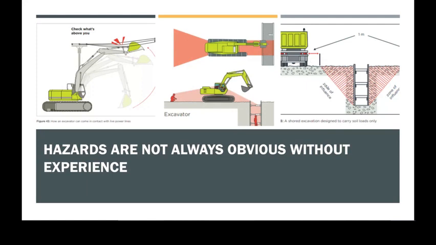Similar thing with vehicles. Now, this picture here actually shows what I was semi-alluding to earlier, that the imposed load is what they call the zone of influence, and it's actually 45 degrees in good ground conditions back from the base of the trench. Plus, you need to keep a metre back from that.